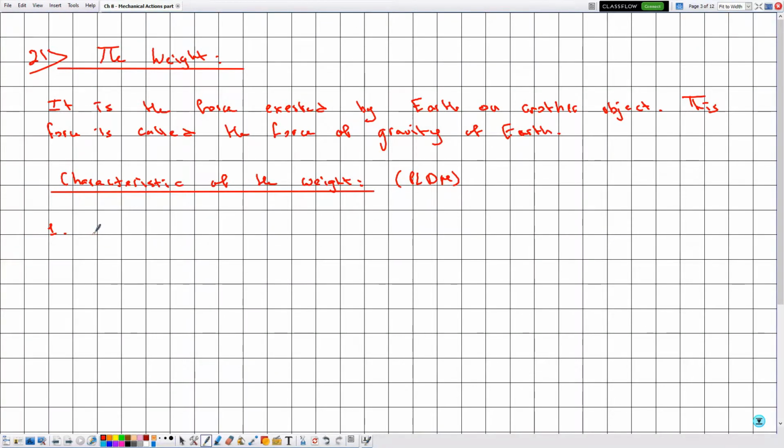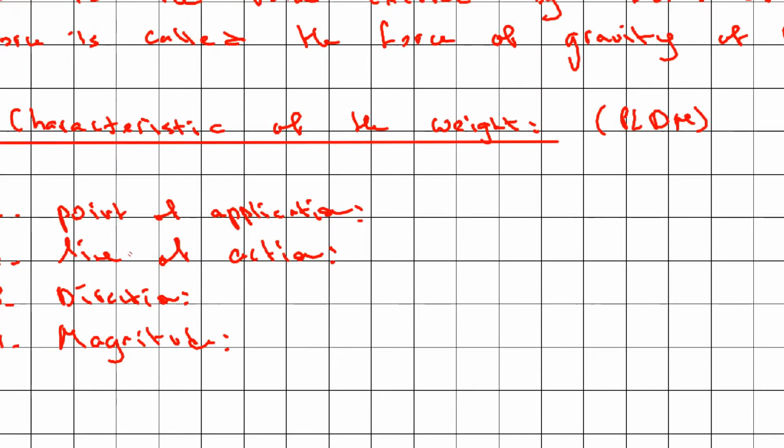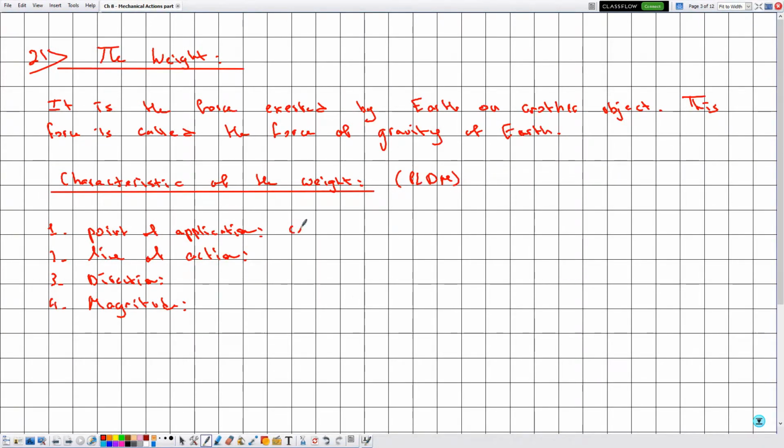Let me start with the point of application, the line of action, the direction, and finally the magnitude. What is interesting about the weight is that the first three properties are always fixed: the point of application is given by the center of gravity G. The line of action is always vertical, independent of the scene, and the direction is downward.